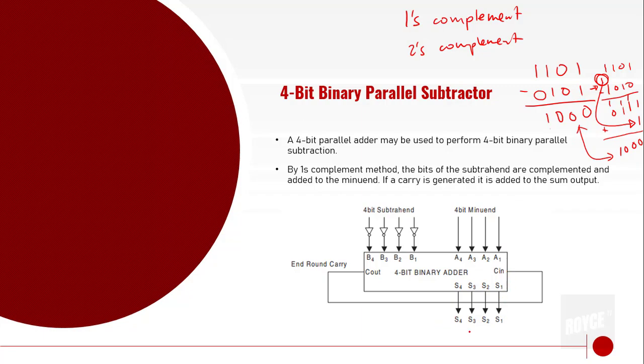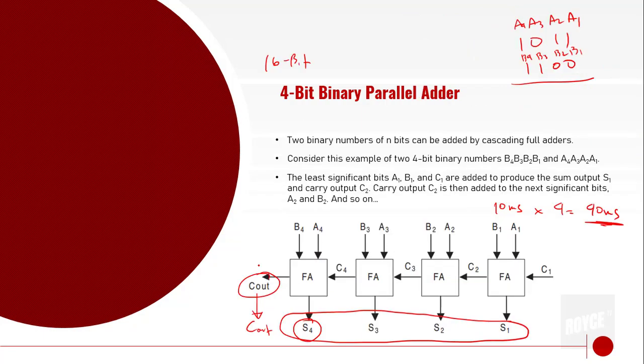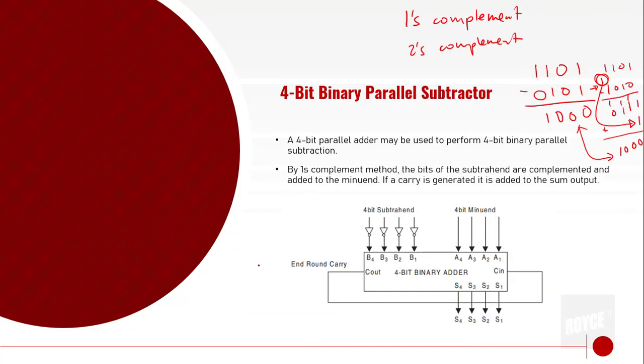Ang lalabas na sum, or since this is subtractor, ang lalabas na difference is yung tamang difference. Okay, now this is a 4-bit binary parallel subtractor. Anong itsura nito sa loob? Yung previous na pinakita nating slide. Ayan siya. Okay, so I hope na nafa-follow nyo pa.